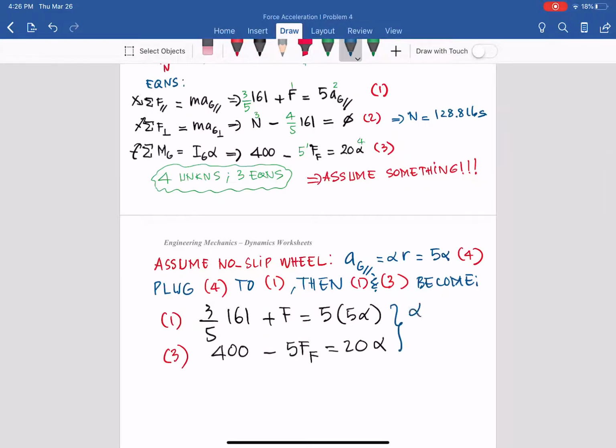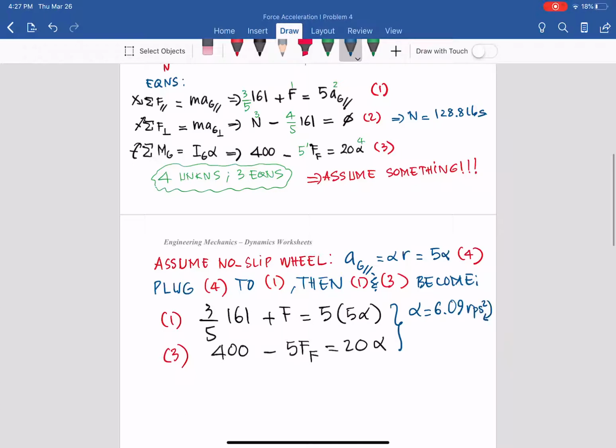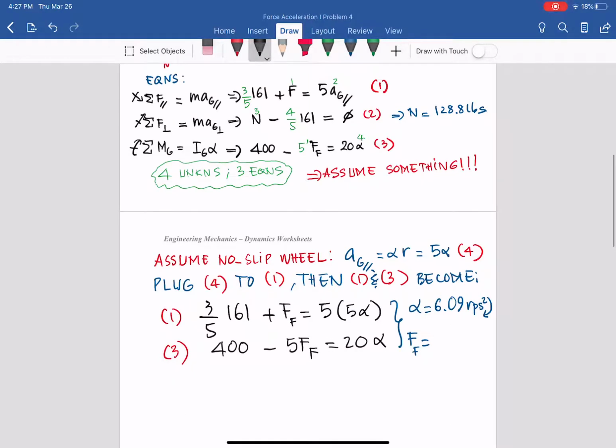We can find alpha equal to 6.09 radian per second square clockwise, and we also find the friction force equal to 55.4 pounds.